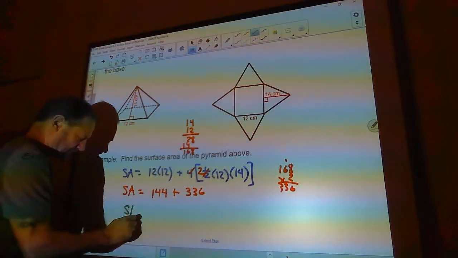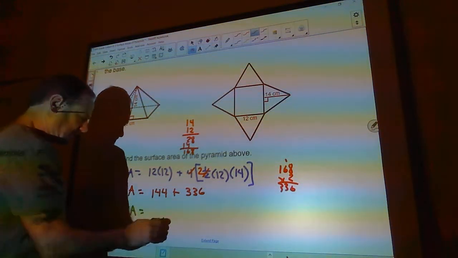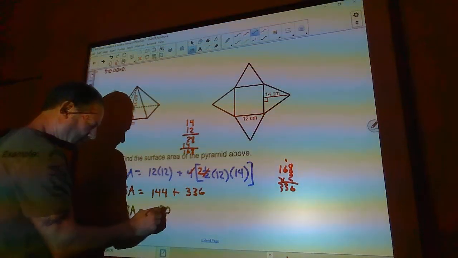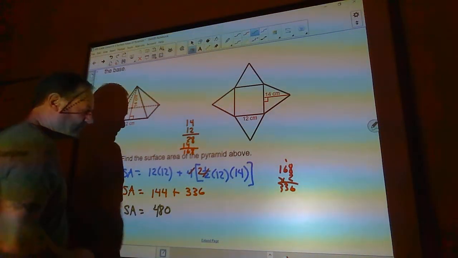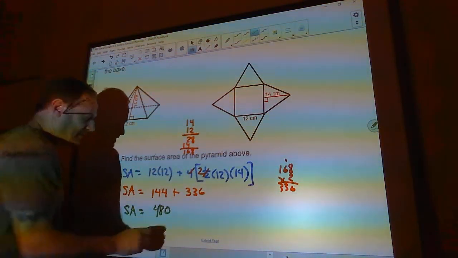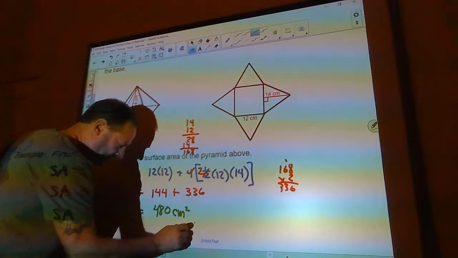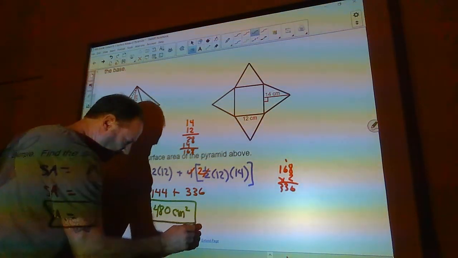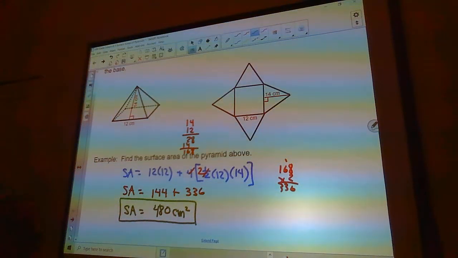Then we just add those together, and we get 480, and that is in square centimeters. And we're done. There's the surface area.